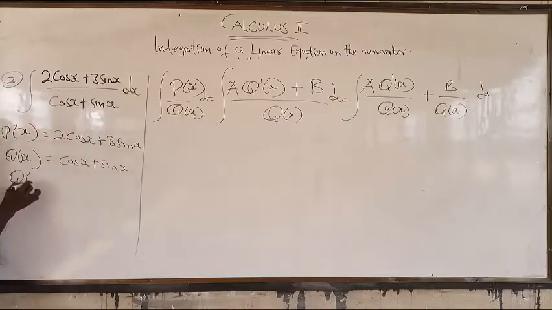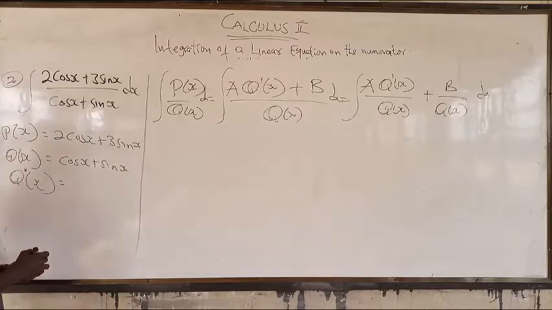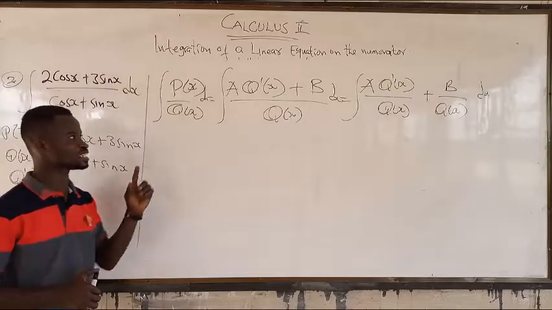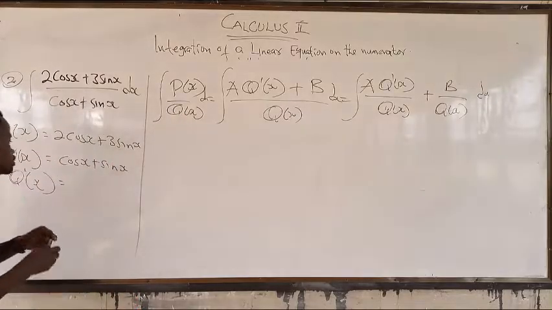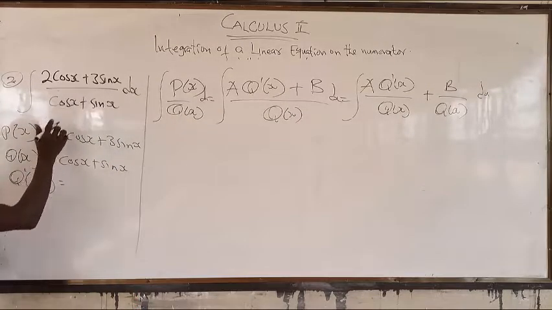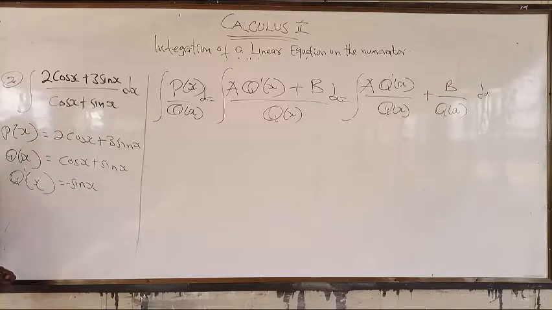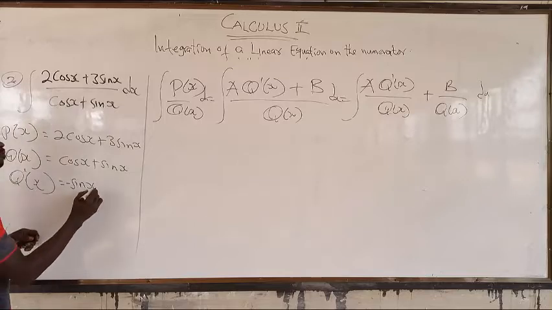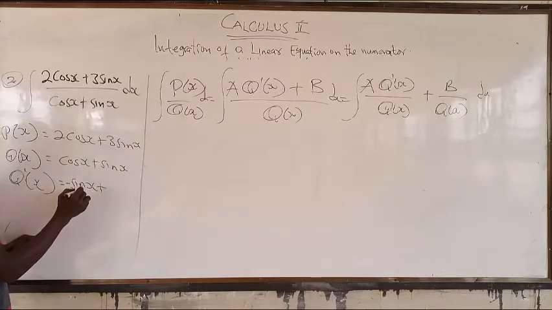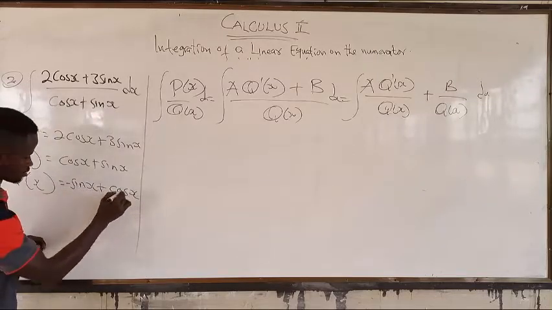And we need to take the first derivative of the denominator, because we need that in the expression. And when you differentiate cos, you get negative sin x. Don't forget these things. But when you differentiate sin, you get cos x.